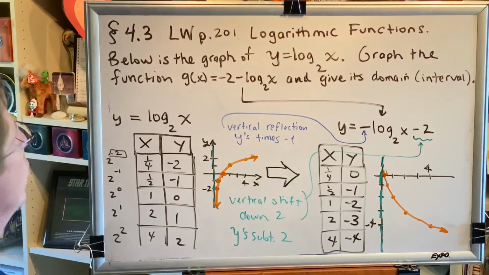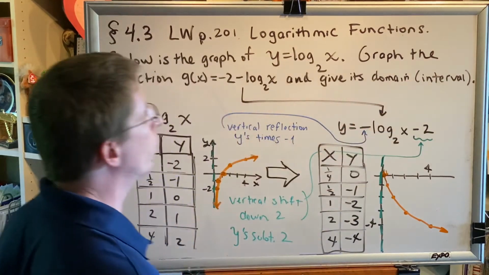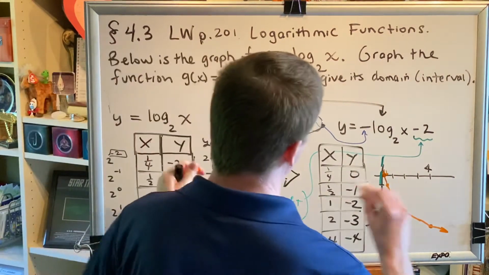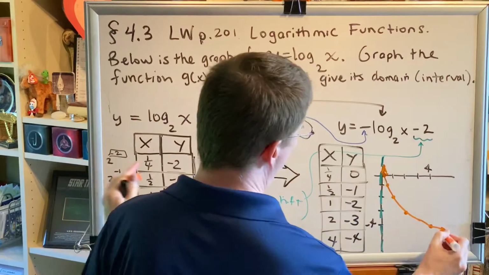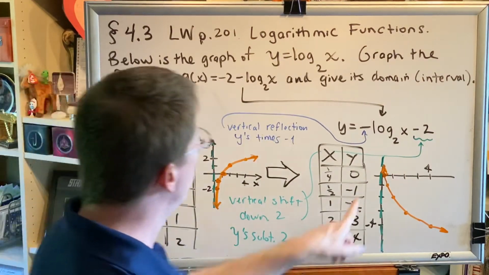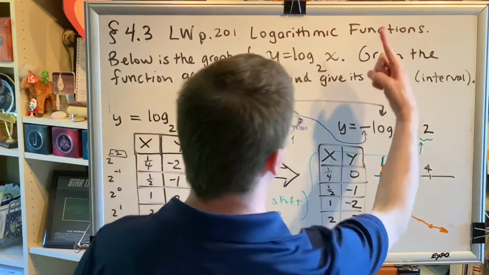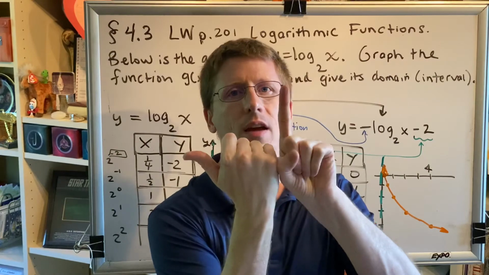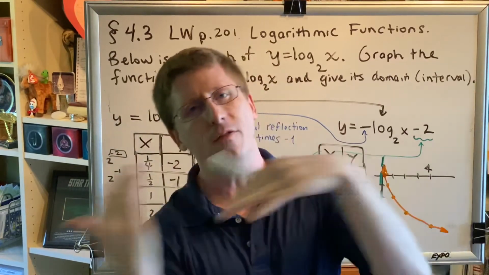Okay, the only thing left to do now is to find the domain in interval notation. So we can see here by looking at our logarithmic graph that we've got an arrow there and an arrow there. Let's see if we can figure out what direction the arrow is pointing. This arrow is pointing two directions, up and left. So which one of those things do we care about for domain? The answer is left. So left forever.